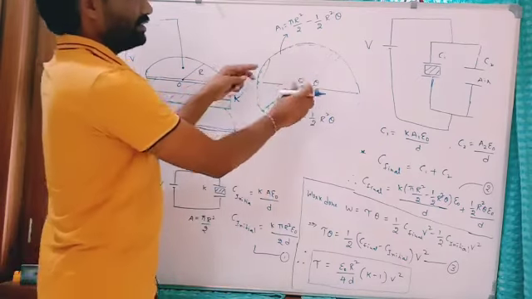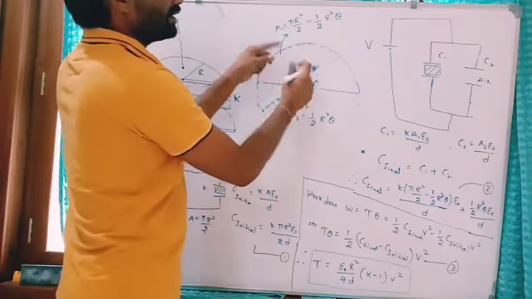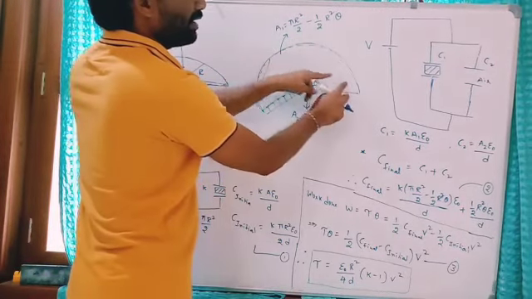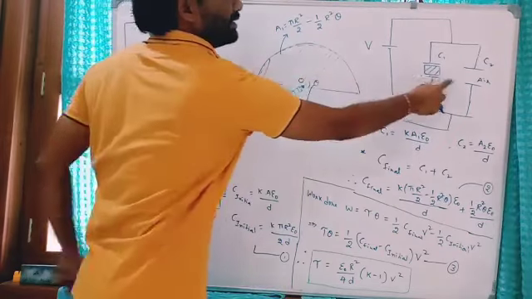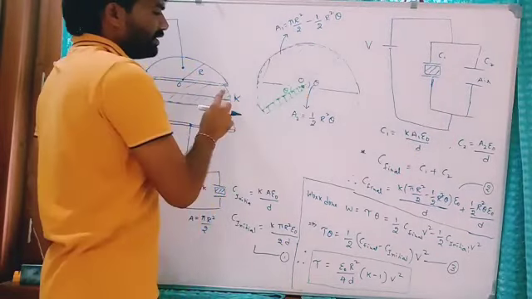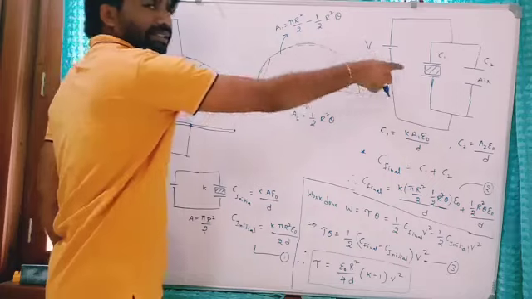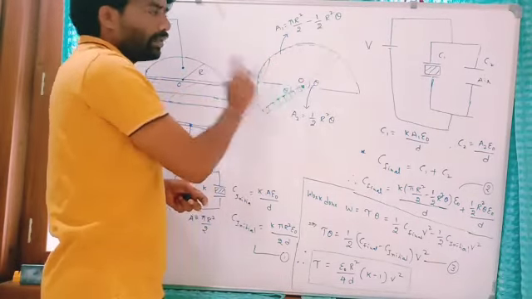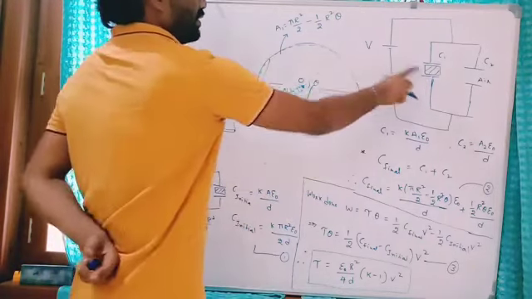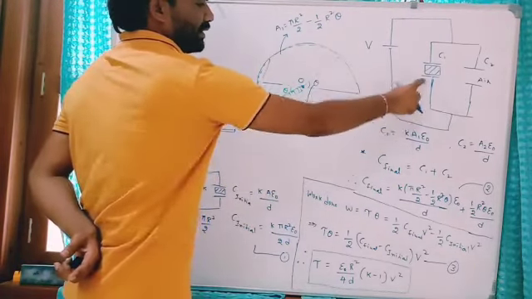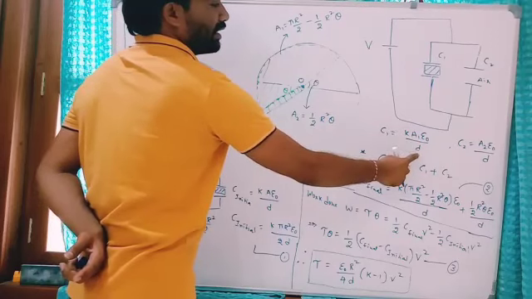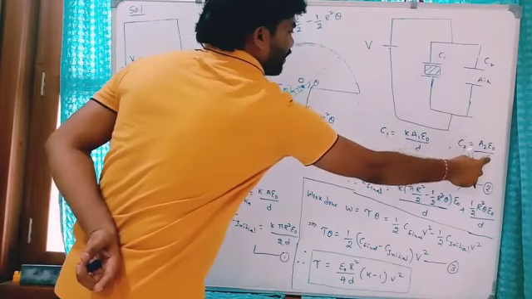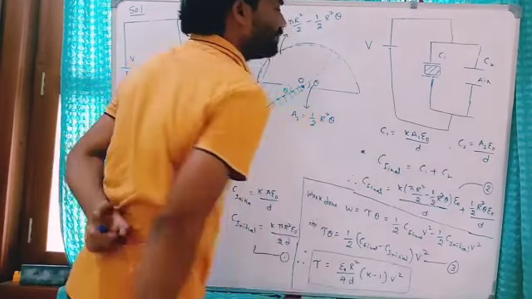Now you can read this capacitor. It is a parallel combination of two capacitors, one with this dielectric material and the other with this empty space. Still it is connected to the battery only. In the presence of the battery, this dielectric material is rotated through an angle theta. Now I have written its capacitance K A1 epsilon naught by D. This is for this, with area A2, epsilon naught by D, air medium.